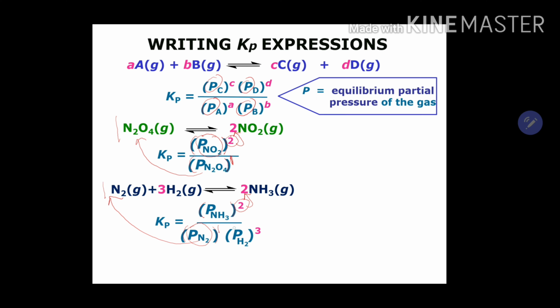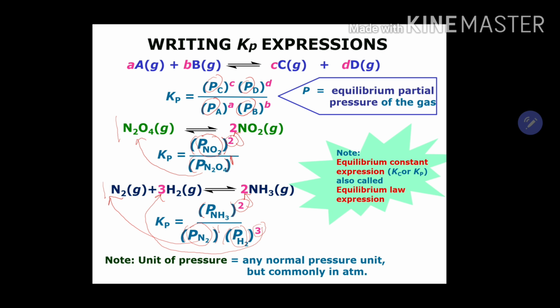Multiply with the bracket PH2, partial pressure of H2, to the power of 3. 3 is the coefficient of H2. The unit of pressure can be any normal pressure unit, but commonly in atm.